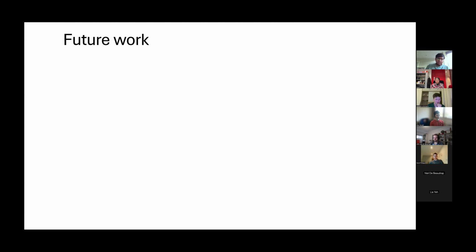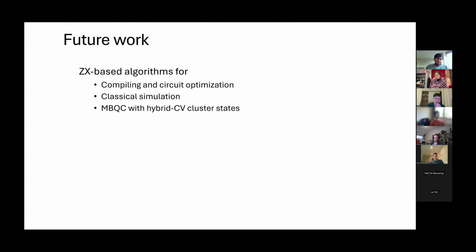And for future work, the natural thing to do now that we have the ZX calculus is to develop or generalize algorithms based on ZX for compiling and circuit optimization, classical simulation, and MBQC.